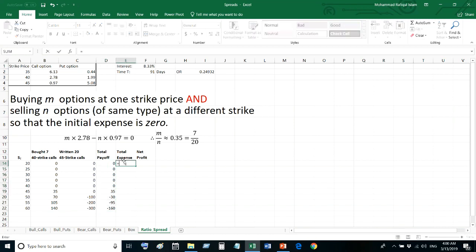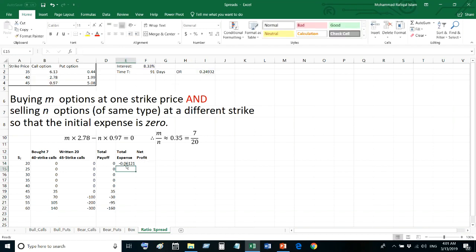What about the total expense? Since we bought 7 40 strike calls, it's negative 7 times the price of the 40 strike calls, plus 20 times the 45 strike call price, since we wrote them, so it's positive, times 1 plus the interest rate earned during this period to the power of time.